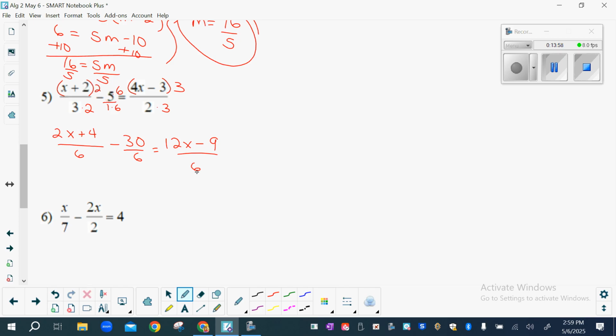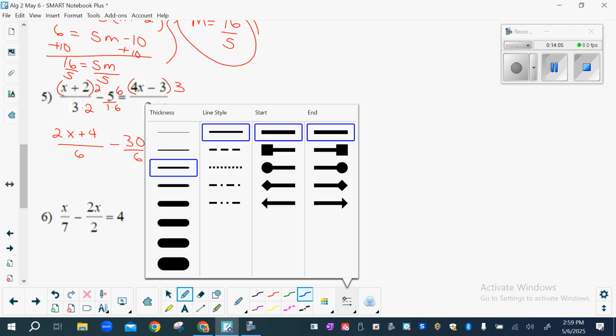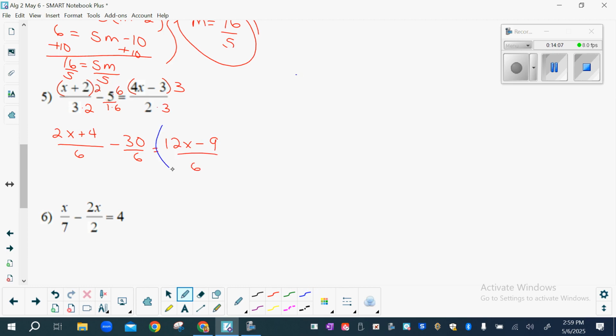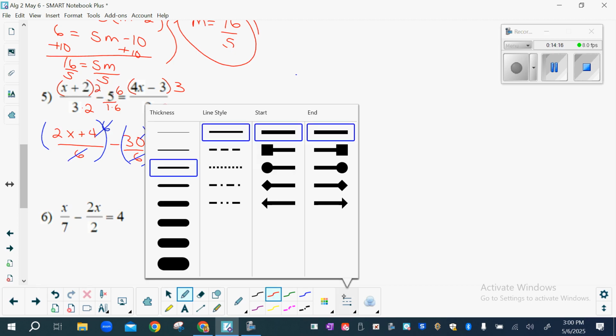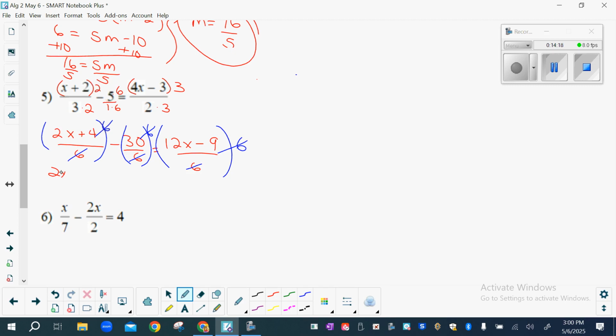Henry knows. We're going to do something with the 6. So we're going to multiply both sides by 6, which is essentially canceling them. So we get 2x plus 4 minus 30 equals 12x minus 9.